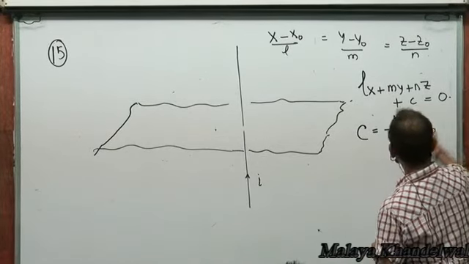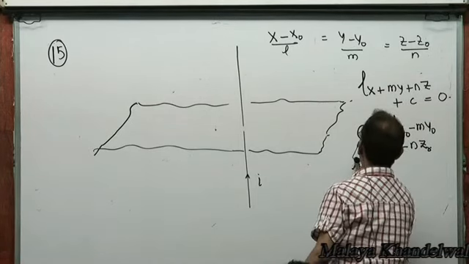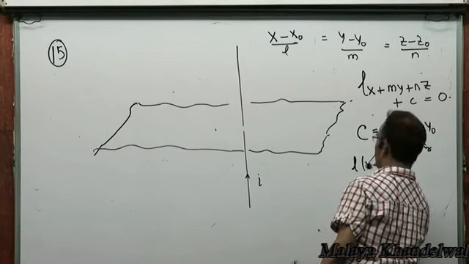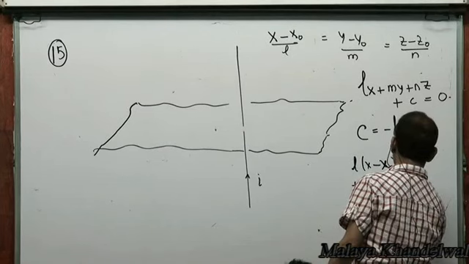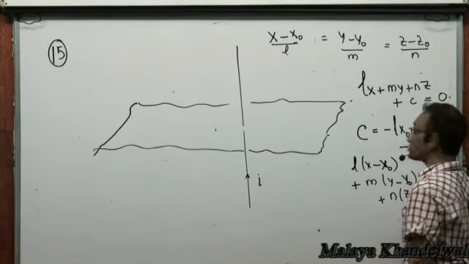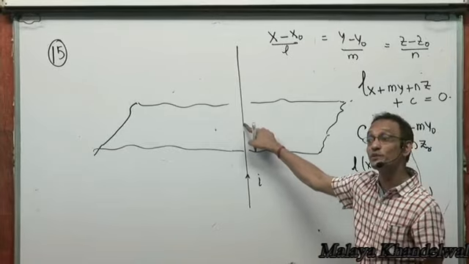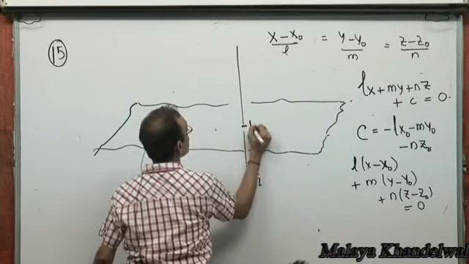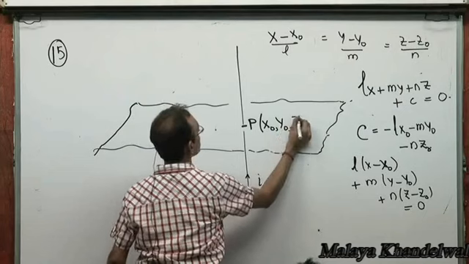So if you plug in minus Lx naught minus My naught minus Nz naught, then this plane is L into x minus x naught plus M into y minus y naught plus N into z minus z naught equal to 0. That means this plane passes through x naught, y naught, z naught, which is also a point on this line. That means the intersection between the plane and the line is x naught, y naught, z naught. So the point of intersection between the line and the plane is x naught, y naught, z naught. How about it?